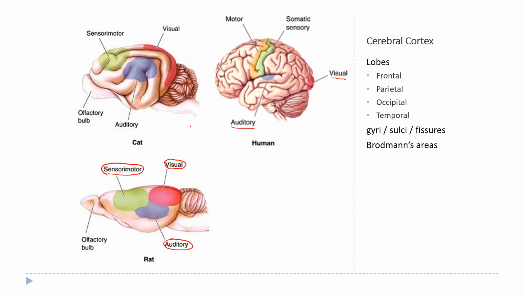In fact, remember that these are all not drawn to scale. The rat brain is much, much smaller than the human brain. So the total area dedicated to, say, visual processing in the human brain is actually much bigger than that in the rat brain. In fact, you can fit the entire rat brain into the visual region of a human brain. But it does mean that there are all these regions in between the sensory areas, and in the frontal cortex especially, that are available for higher level processing and especially what we call association regions.